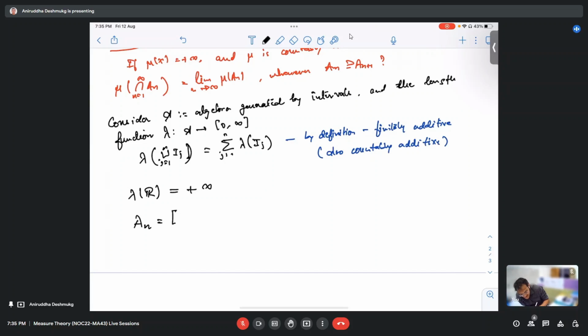And let us now consider this particular collection. Let us consider A_n as the closed interval [n, infinity). So the question is whether A_n is decreasing.